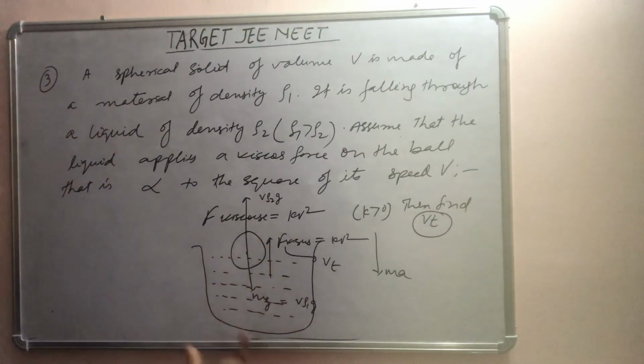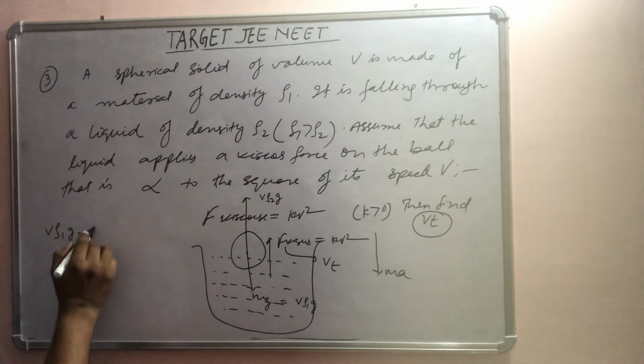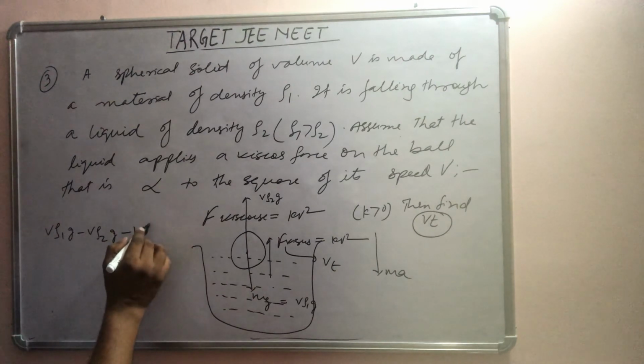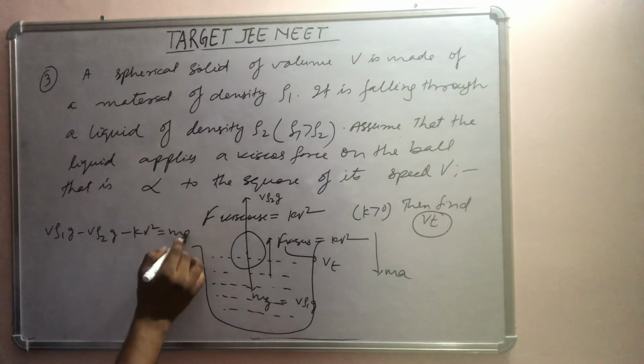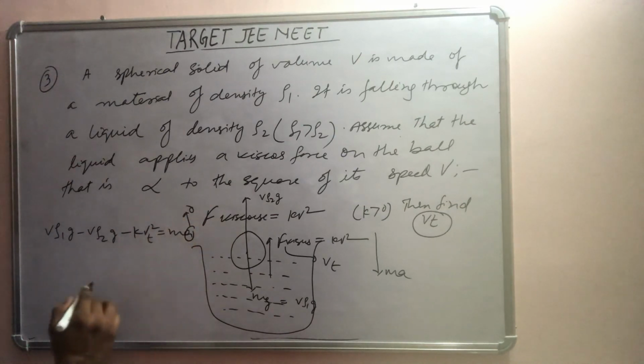So firstly we write the balance equation. This becomes V ρ1 g minus V ρ2 g minus k v square is equal to m a. If it becomes 0, v becomes vt.